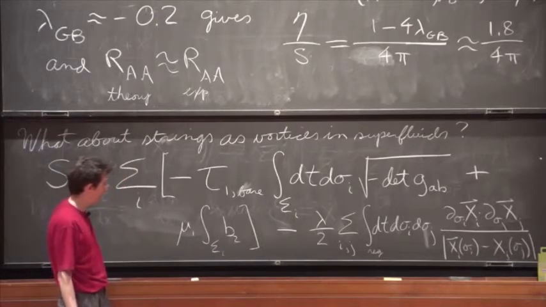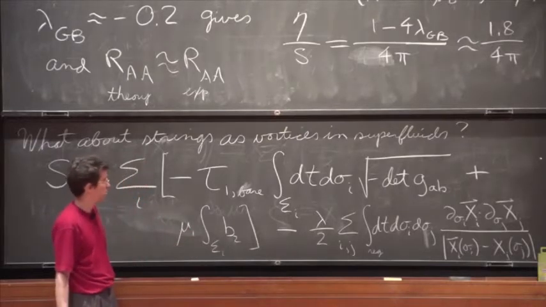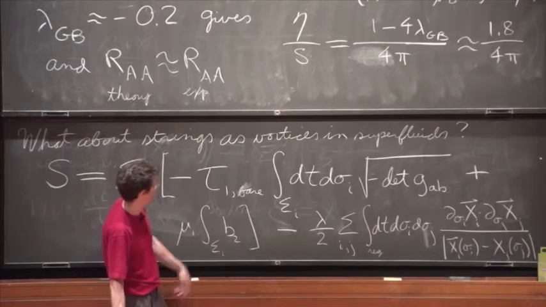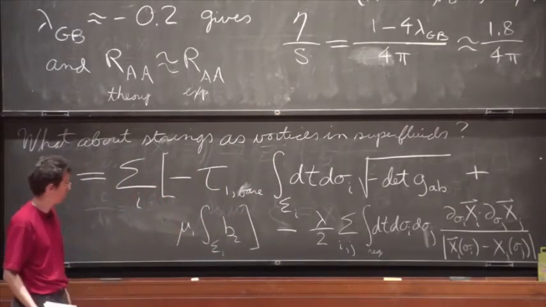Now, you might be saying to yourself, wait a minute, I've overdone it in writing this action. It should have been enough to write just the string action and then some massless dynamics for B2.